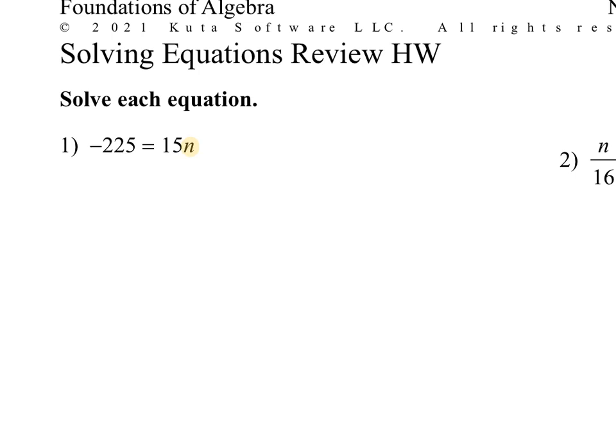So to get n by itself, you have to undo multiplying by 15. So to undo that, you have to divide. You are 100% correct. So you would divide both sides by 15, and you would be left with n. And then you just have to do the math. Negative 225 divided by 15 ends up being negative 15. Bam.